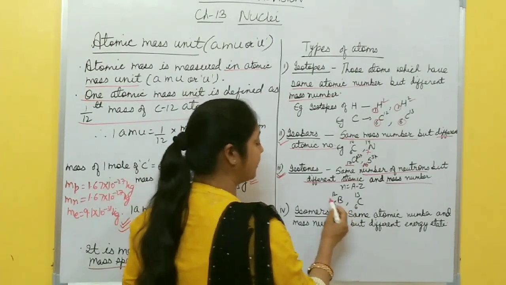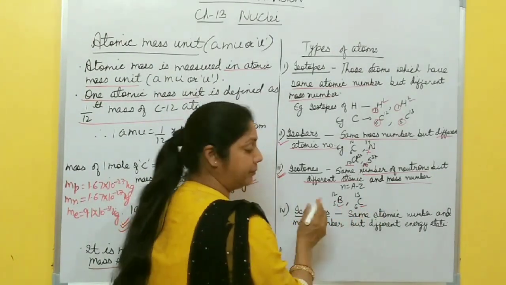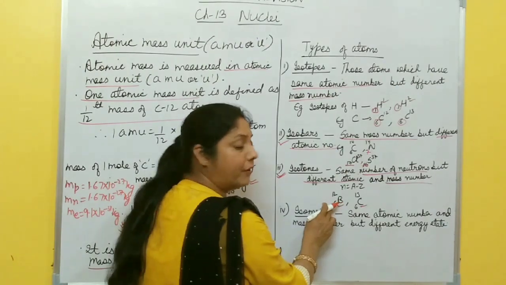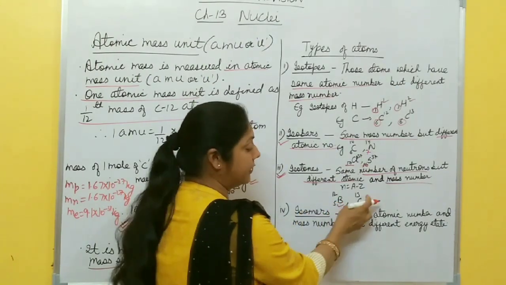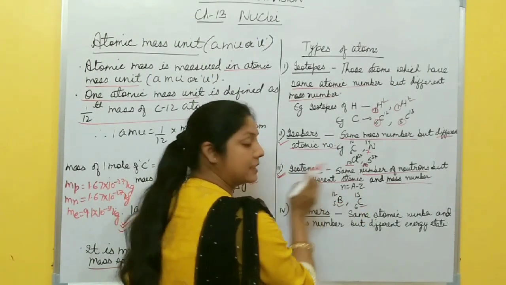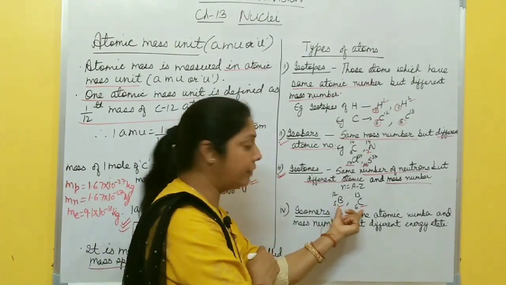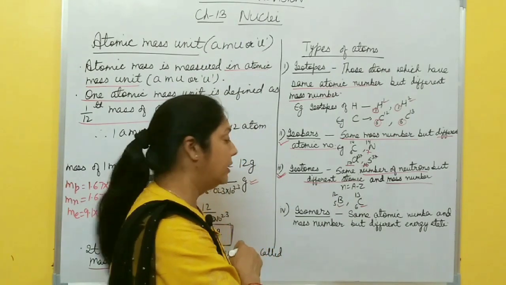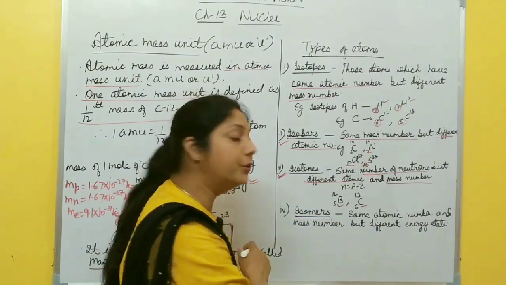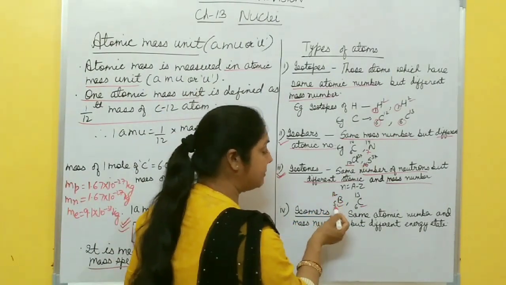Suppose here example, boron and carbon. Boron has atomic number 5 and mass number 12. Carbon has atomic number 6, mass number 13. In both elements, atomic number is different and mass number is also different. But if you find the number of neutrons, it is mass number minus atomic number.